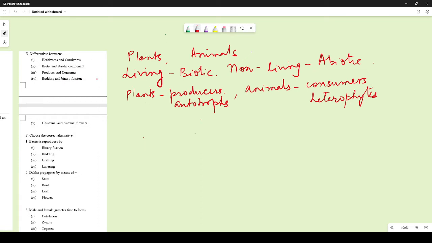Budding and binary fission. In budding, you have seen in yeast that a bud will grow like this and it will continue to stick. Sorry, my drawing is pathetic. So in budding, you would have seen that a bud grows, if it is a yeast cell like this, the bud grows over here like this, and it continues to stick.